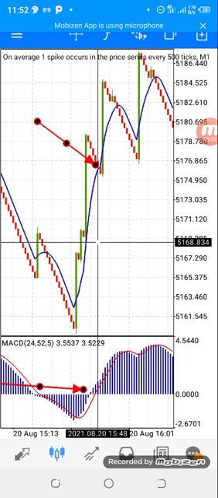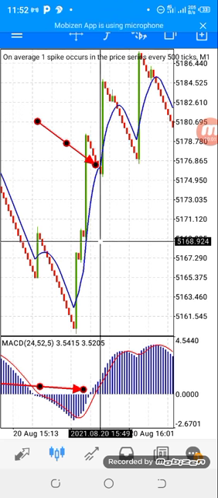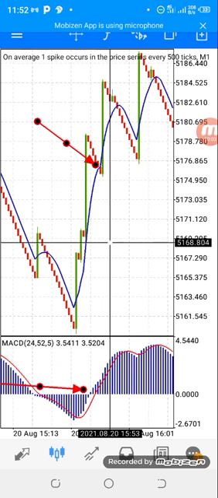Our MACD bar is above the red signal line, which shows that our signal is perfect. You enter the buy signal immediately. And as you can see, as you enter the buy signal, the next candle it spikes.